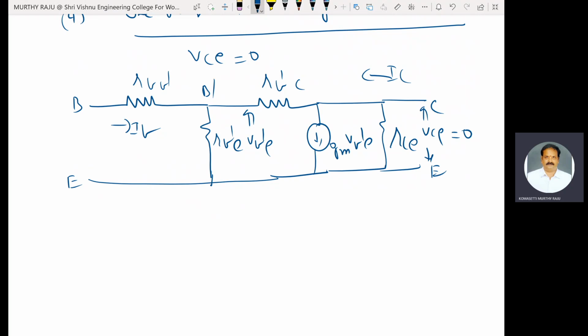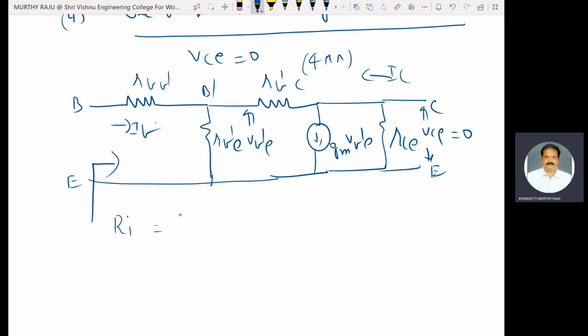Let us consider H parameter model, CE configuration. Find out the input resistance Ri. VC is equal to 0 means RC is equal to 0. This IB current does not flow through this RB dash C because RB dash C is a high resistance value, 4 megaohms. Current does not flow towards the high resistance value.